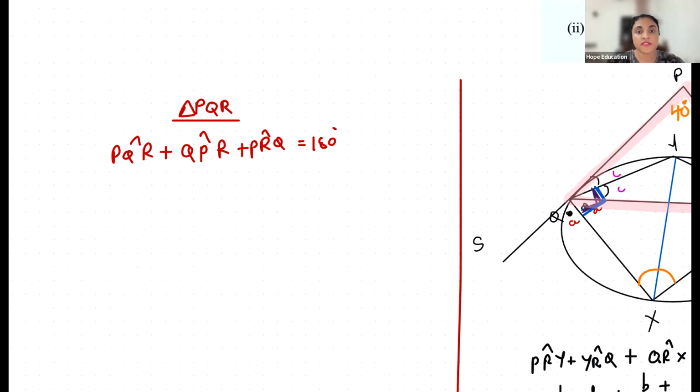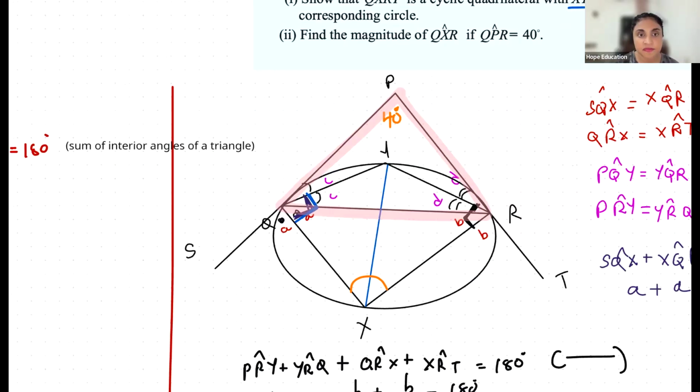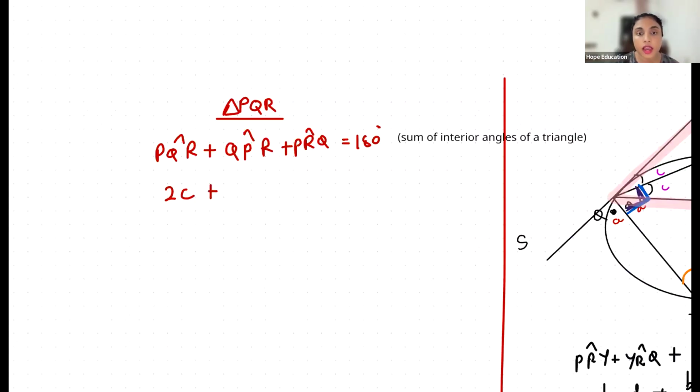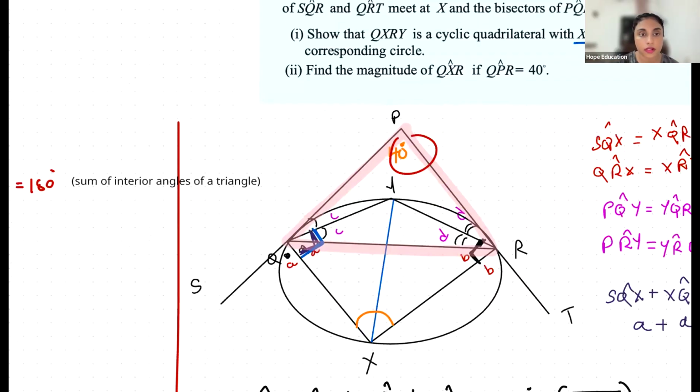That is the sum of interior angles of a triangle that you already know. PQR, since there are two Cs here, is C plus C, that is 2C. QPR is 40, that is what is given. So that is 40.